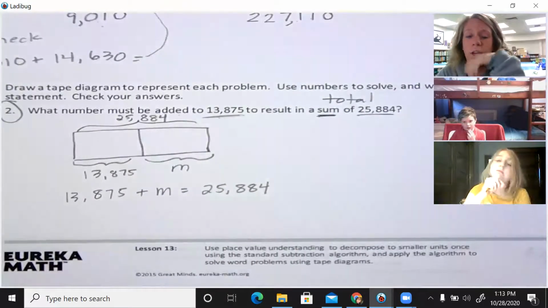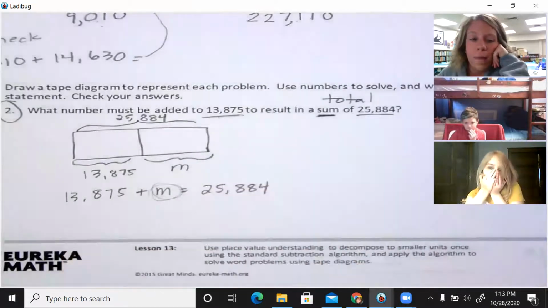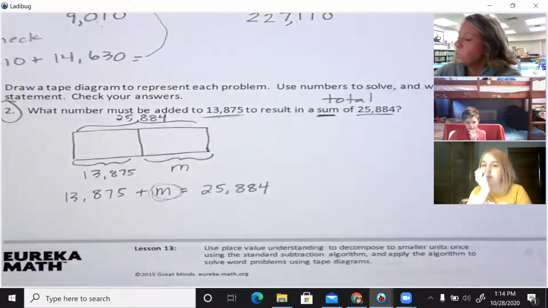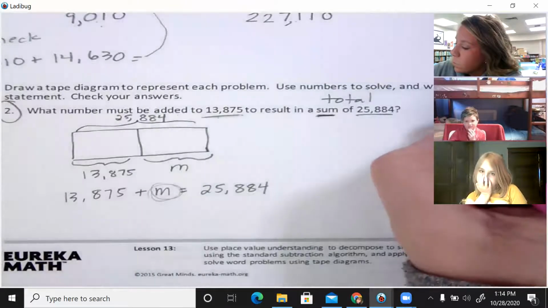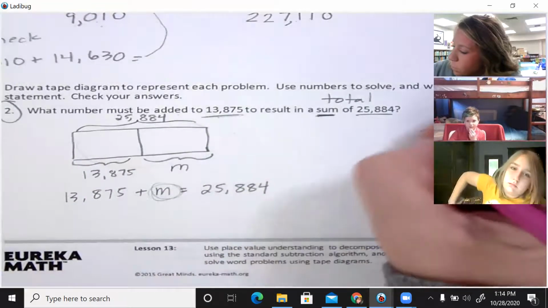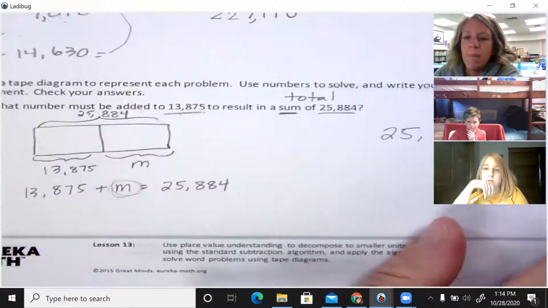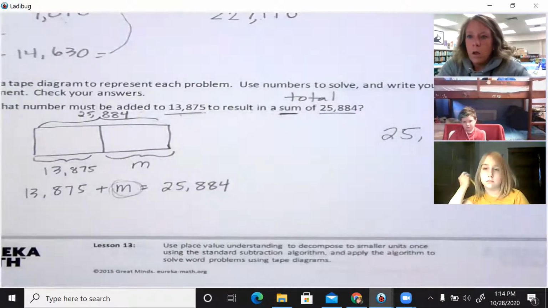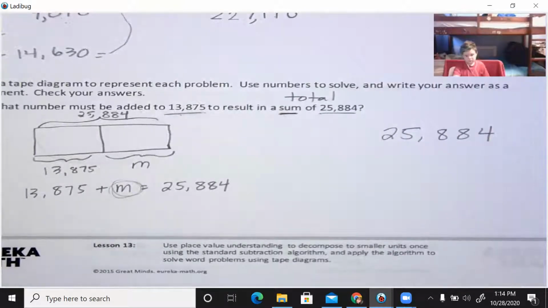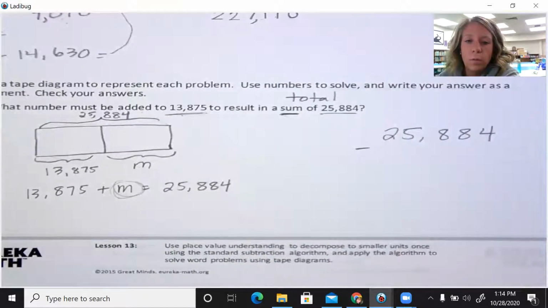Since we're practicing subtraction, what could we subtract to figure out what M is? Remember, we want to start with our whole. What is our whole? 25,884. Okay, so I'm going to write that to the side, making sure my numbers are neat, spread apart appropriately. And I'm going to take away the part that we have. What do we know?